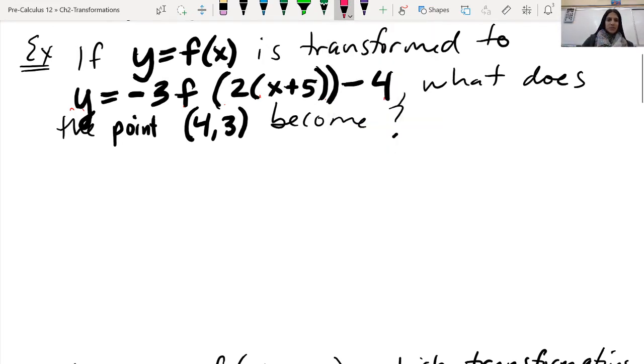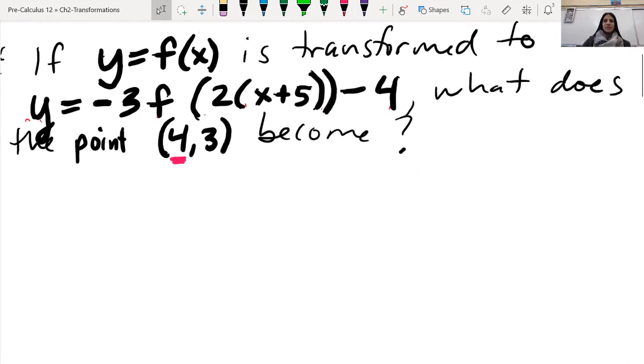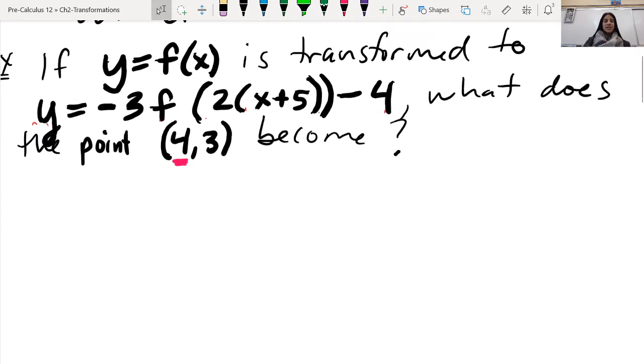I think a good approach to use, because there's so many things going on here, is to use color to organize everything and keep track of it, because this kind of looks like a lot when you first look at it. But if we organize it and split things up, you're going to find it's actually not too bad. I always lead with the same question: when we're looking at the stuff in the equation, does this affect the y value or the x value?